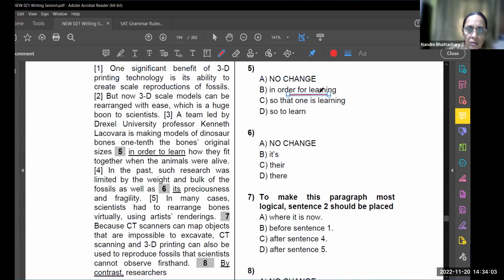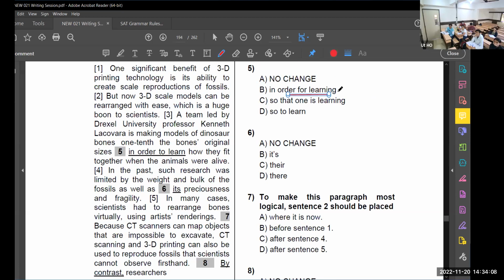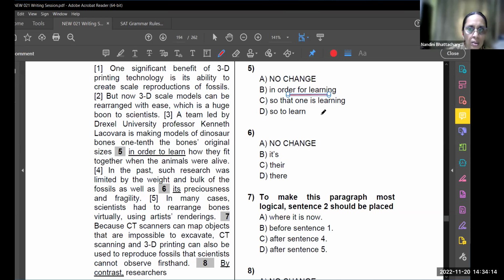Now, do you think in order for learning is appropriate? No, right? Or so to learn, will that fit in? No. It could fit in if it was so as to learn. Now, this is what we talk about as idiomatic expression.